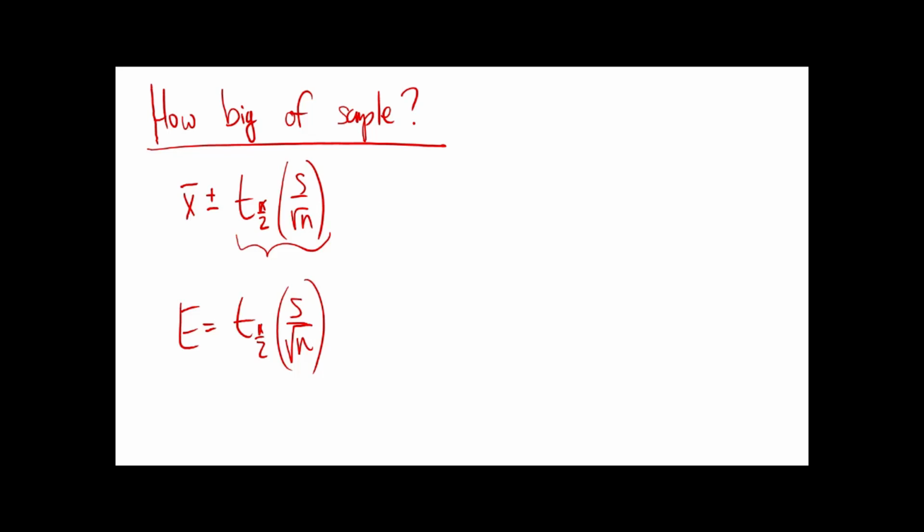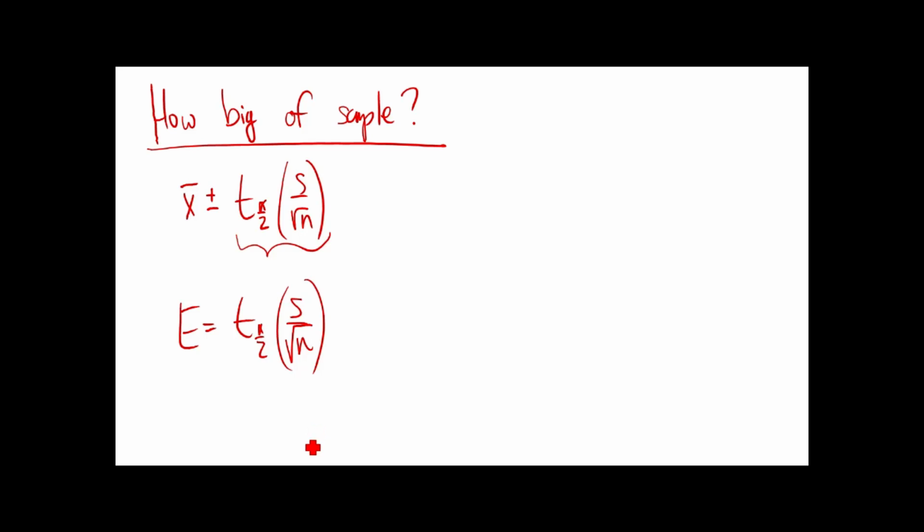What are some of the practical problems that are going to give us trouble if we're trying to solve for N in this formula? What are some practical problems? Because there are at least two. What's at least one of them?